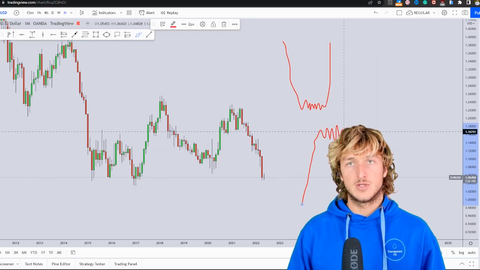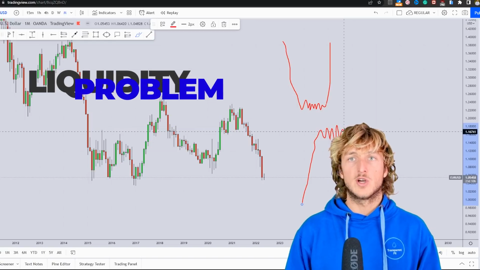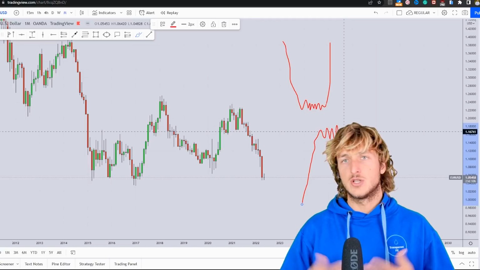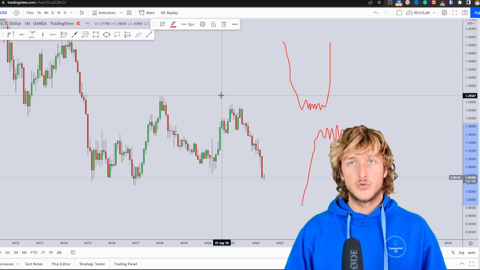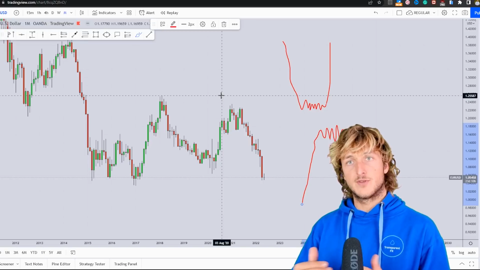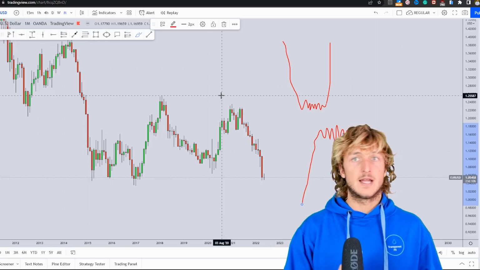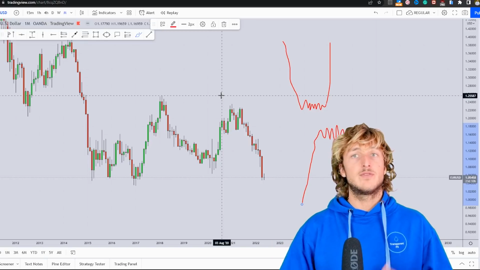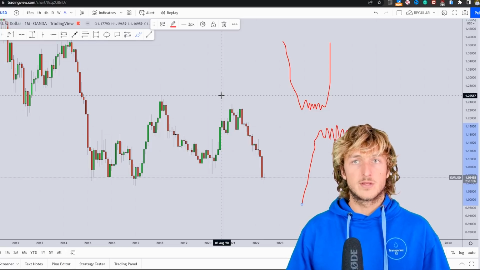In a situation like this, there might not be the liquidity in the market to actually fill your order. Let's say, for example, you want to buy, but the amount that you want to buy is so big that there aren't enough sellers in that specific moment to give you the possibility to buy that whole amount. If there aren't all those sellers, what can you do?